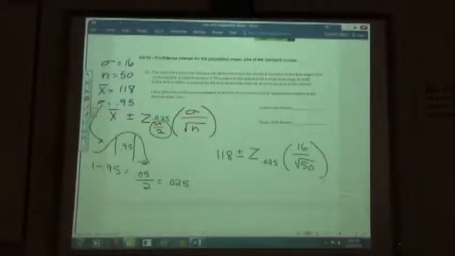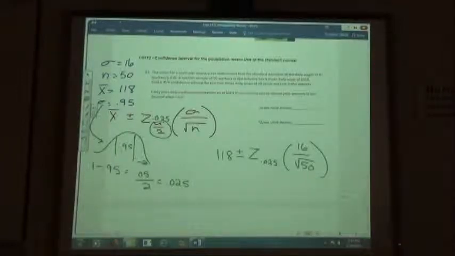Okay, so 118 first, and then the plus or minus, which is right there, and then we're going to do the Z sub, which is this one, and we're going to use the 0.025 in the box, and then click up a little bit to the side of that because we don't want to be in the subscript anymore, or hit your space bar, that's the easiest way to do it.